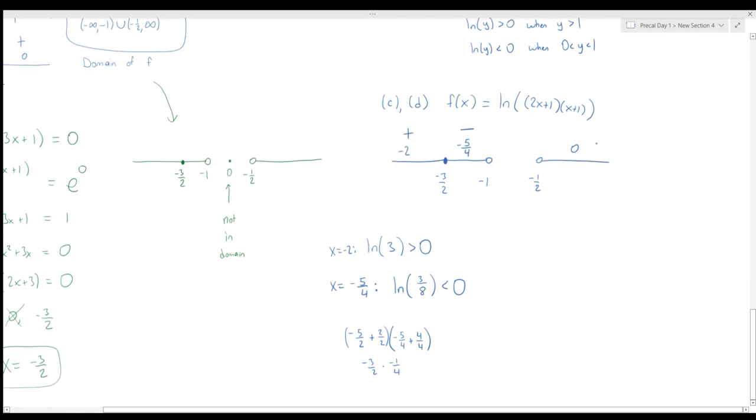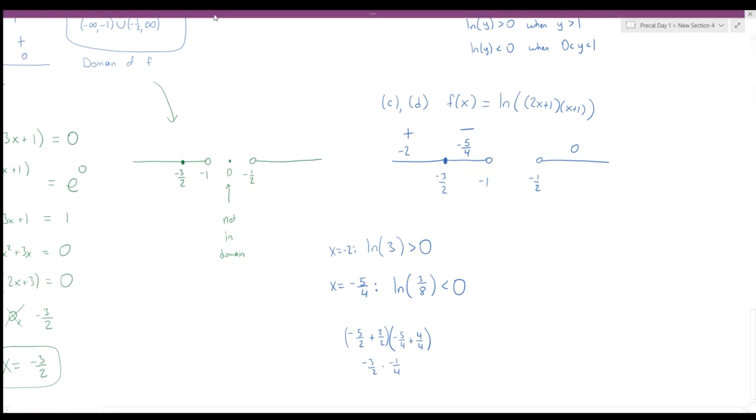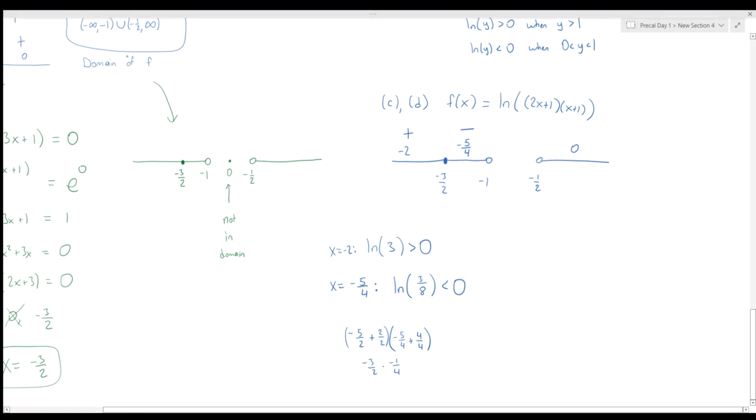And finally, if you plug in 0 for x, oh, wait a second, did I mess up there? Oh man, okay. Why didn't anyone tell me earlier? All right. 0 is to the right of -1/2. I guess I was thinking of this as being +1/2, so I marked it to the left, but no, that's my bad. 0 is on the right.